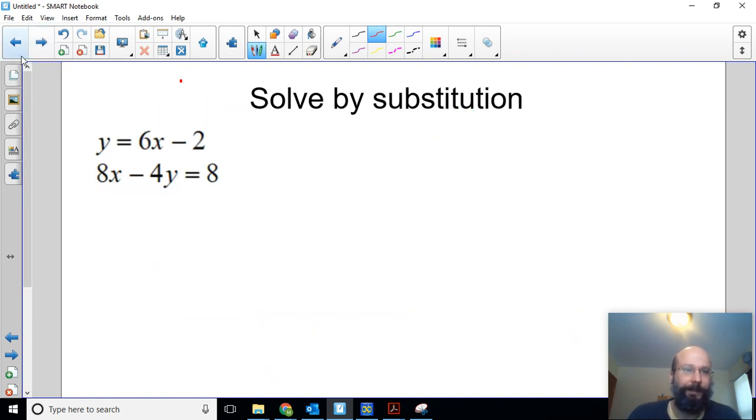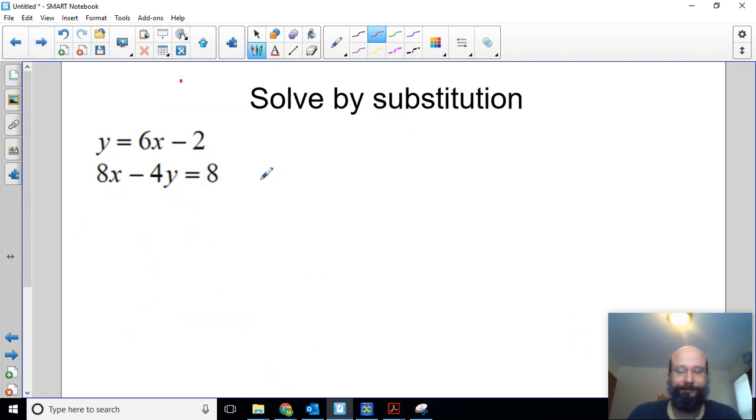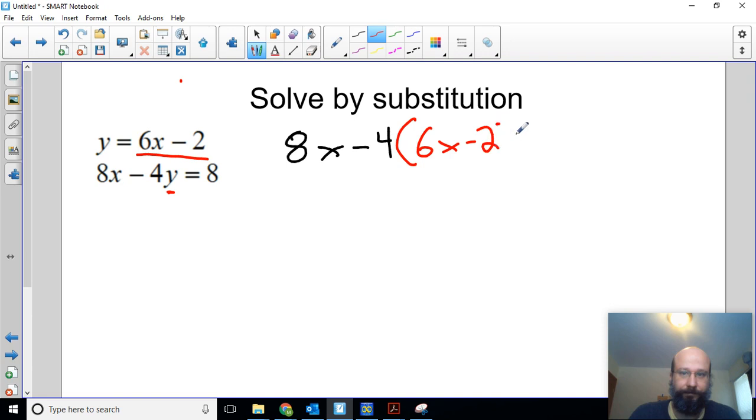So same idea. We're going to, y equals this. So I'm going to put this y, 6x minus 2 here. So I have 8x minus 4y, but again, instead of y, I'm going to put 6x minus 2 equals 8.